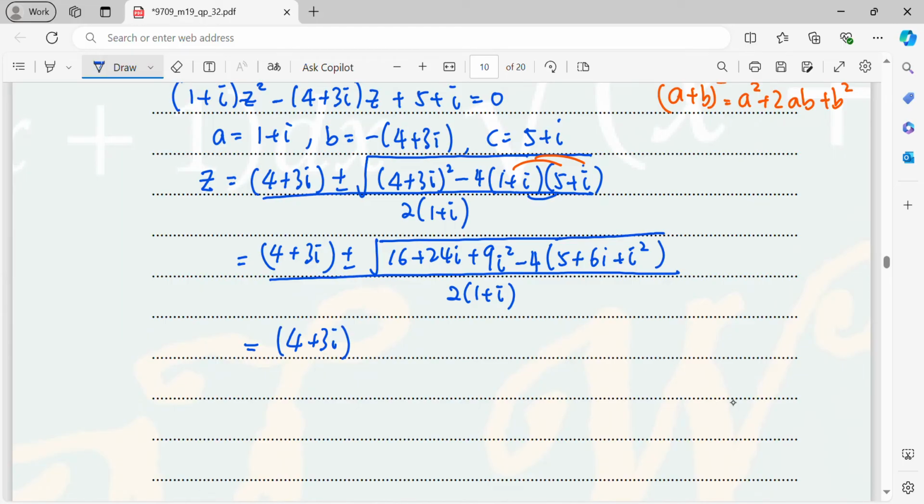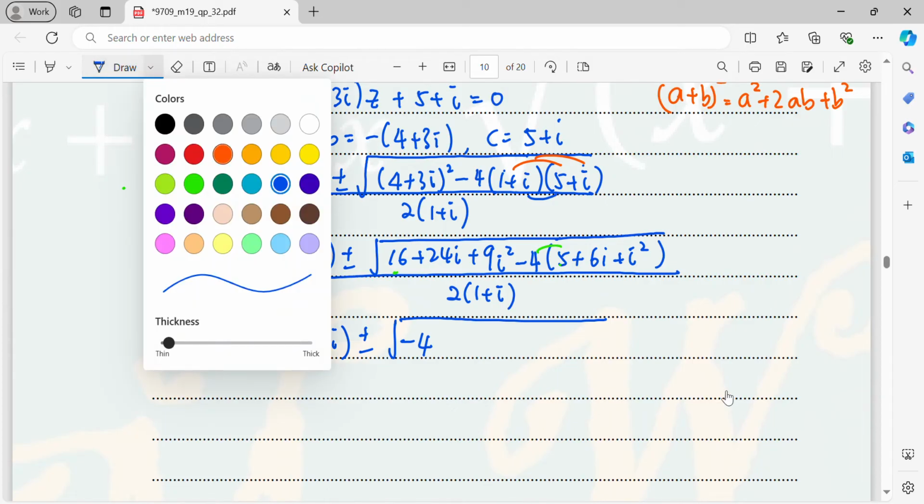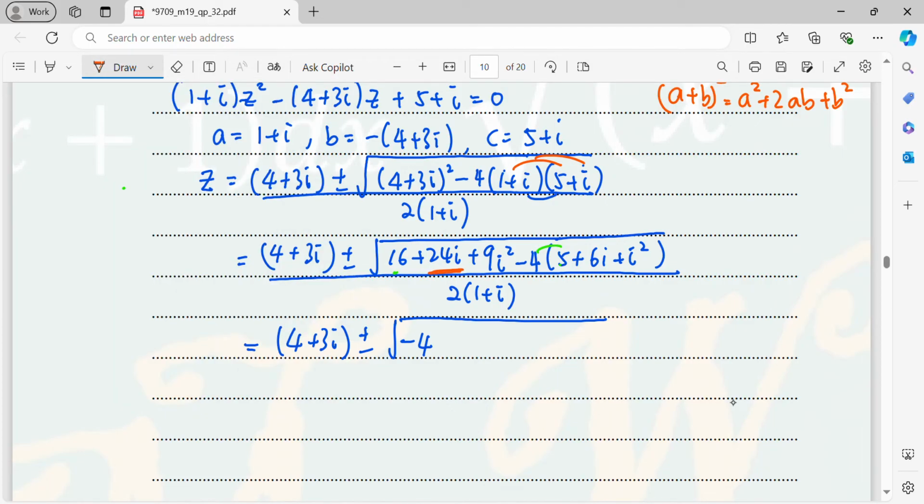You need to simplify right now. So square root of, when I do expansion, this is 20. So 16 minus 20, that is minus 4. Okay, then 24i, look at here, this expansion is negative 24i. That means you get 0. After that, 9i squared minus 4i squared, that is 5i squared.